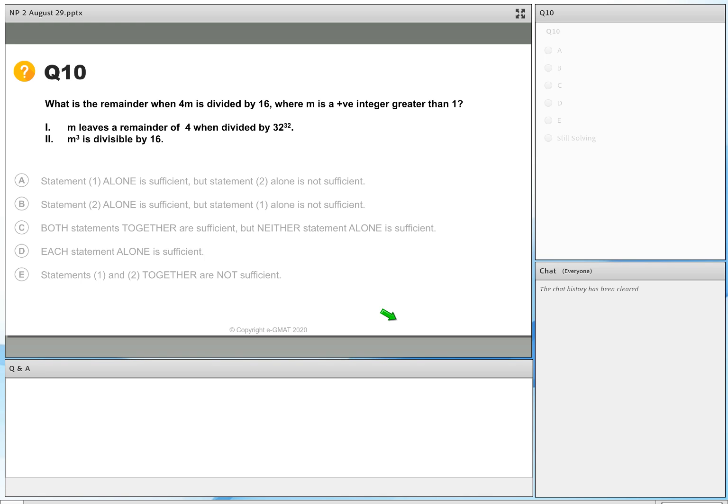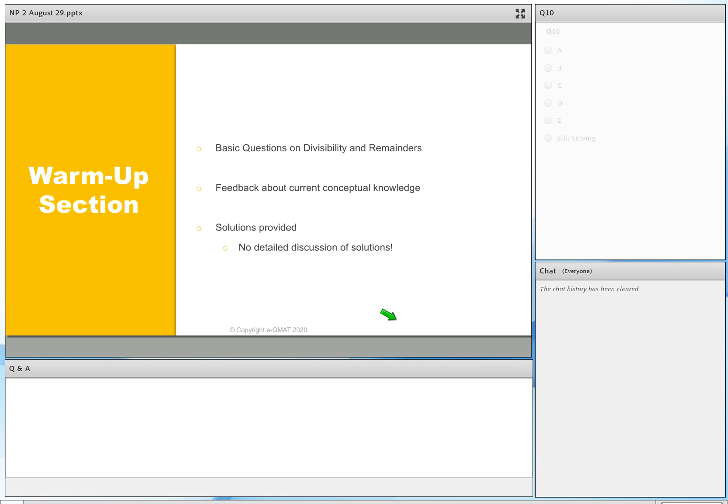I again have votes for every choice, A, B, C, D, E, and I still have a lot of people who are in the still solving block. That means they did not mark the final answer. Well, you have to get over that habit.